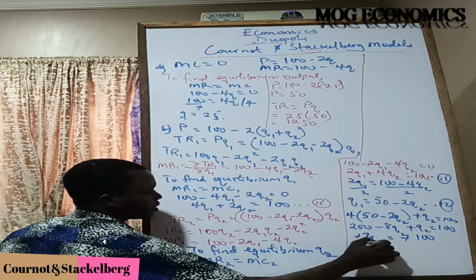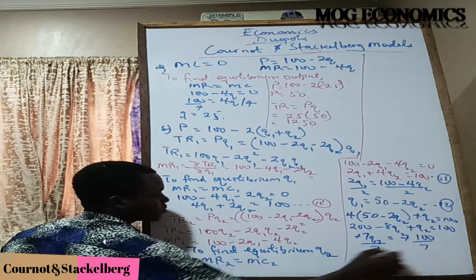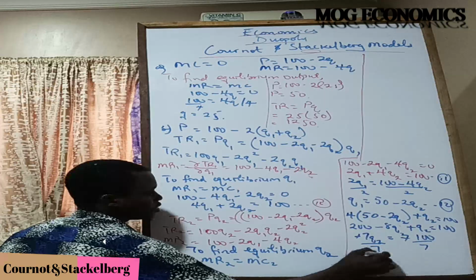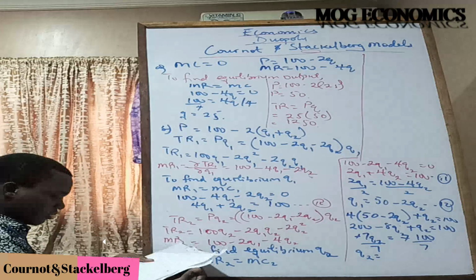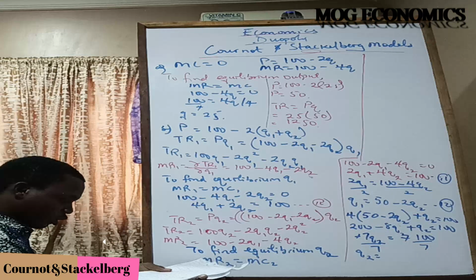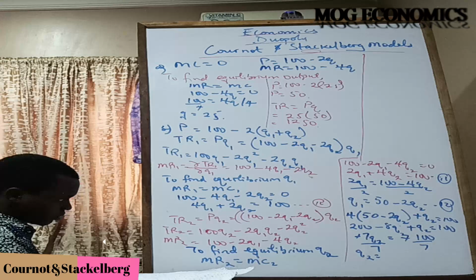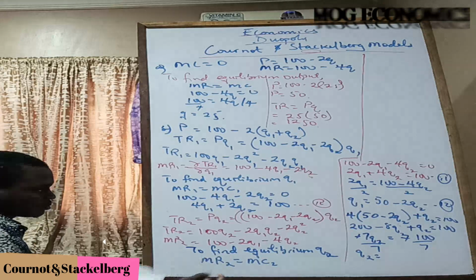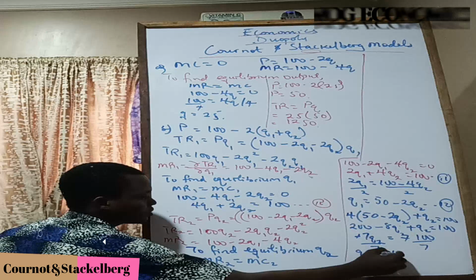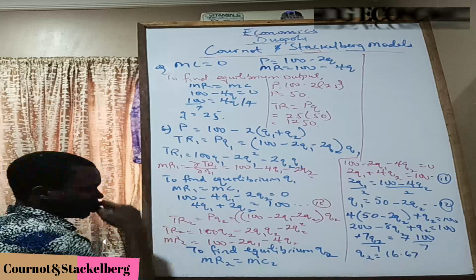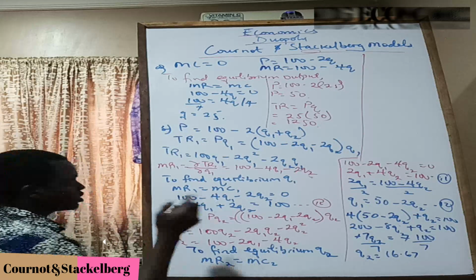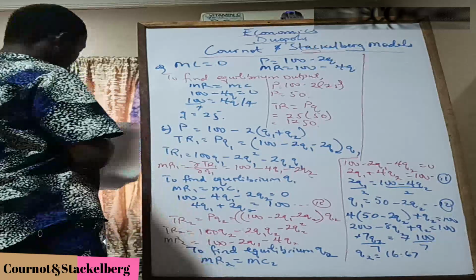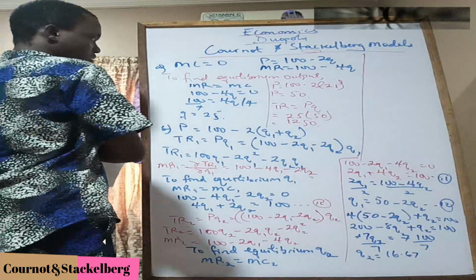Cancel the negatives, divide by 7. So Q2 equals 100 divided by 7, which will be 16.67.